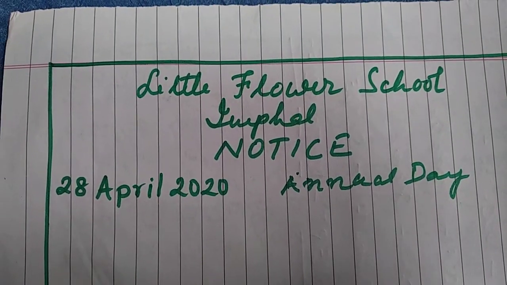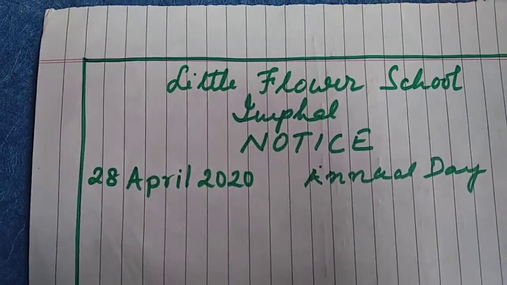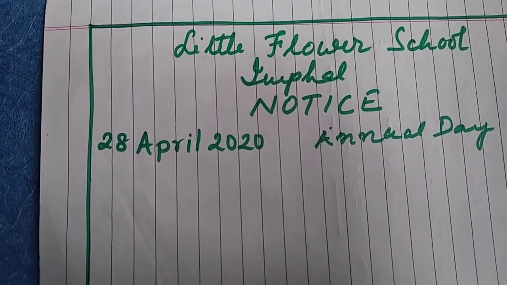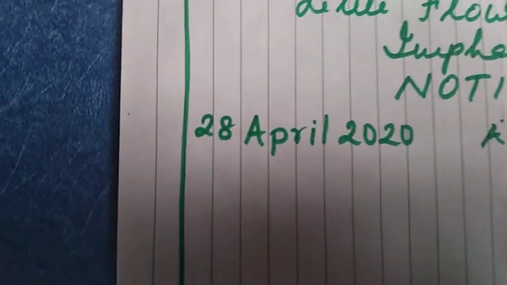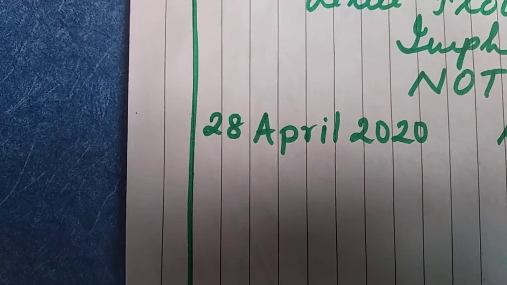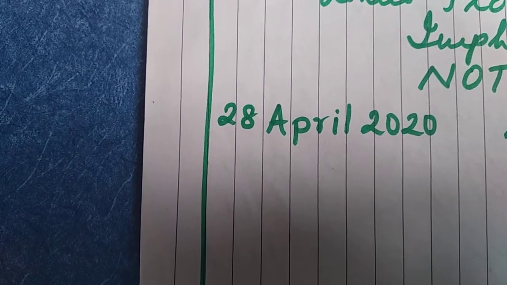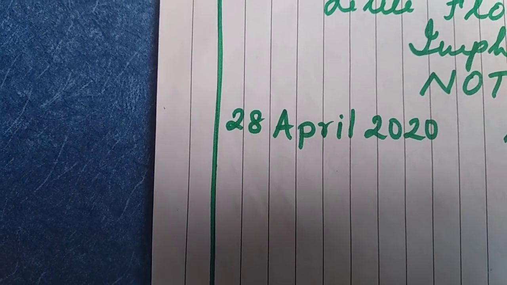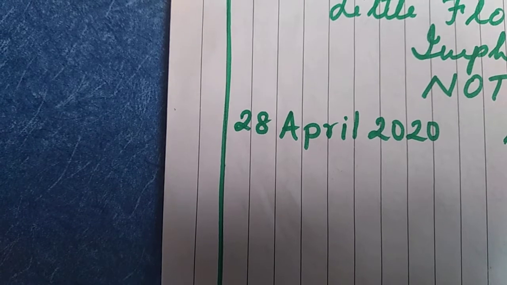Now, let us choose this format. Little Flower School Imphal notice, and the day you draft a notice is 28 April 2020, because you have called the meeting of the school captains on 29 April 2020.